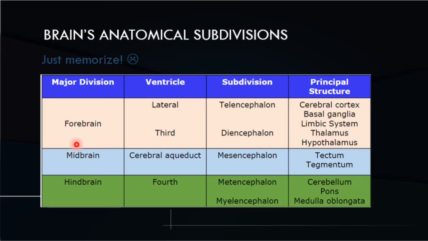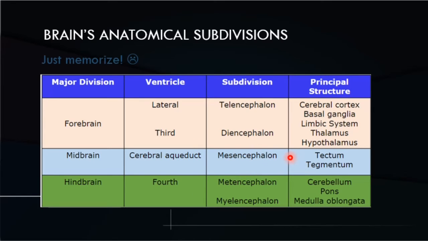Midbrain, the ventricle cerebral aqueduct is not actually a whole ventricle, but it's a part of the ventricular system in the midbrain. And midbrain is mesencephalon, and the structures of it are tectum and tegmentum.